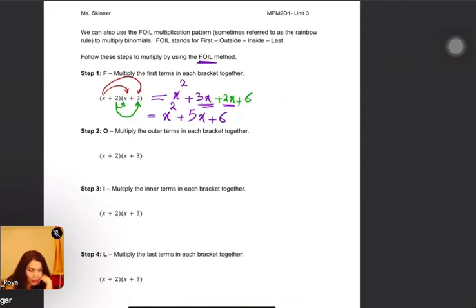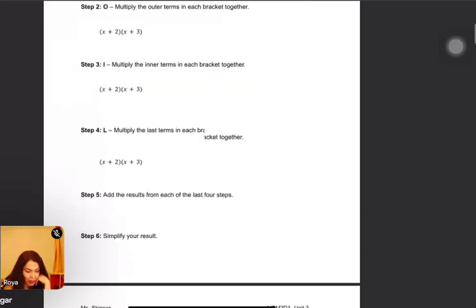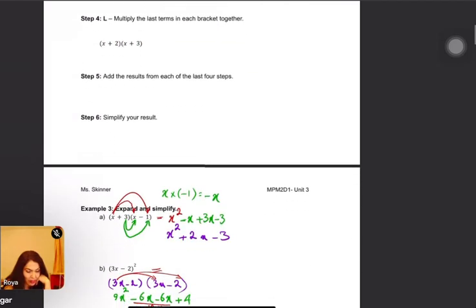So here it says steps. You can multiply the first term in each bracket together, multiply the other terms in each bracket together, and you can use this way.